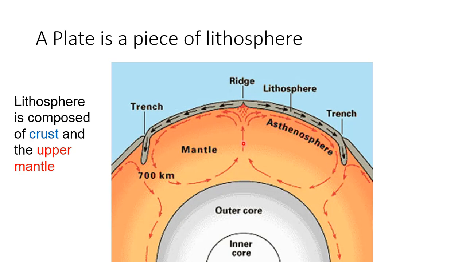It's hot and moving, and as it moves, it is pulling the crust with it. So the lithosphere is composed of crust on top and then upper mantle underneath, and it is moving around.